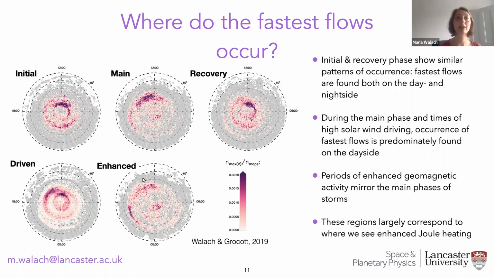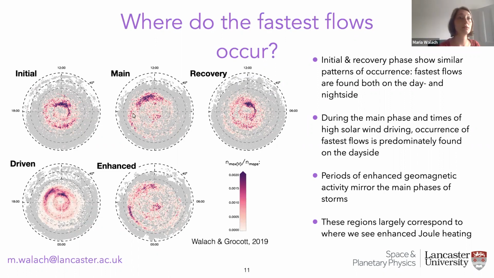What I have at the bottom here are two other plots where I've grouped the data by driven times. So this is when the solar wind was pointing southward and going fairly fast, above 400 kilometers per second, and you can see that it's very similar to periods of the initial phase.